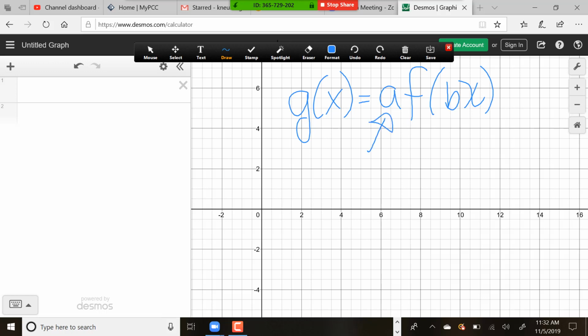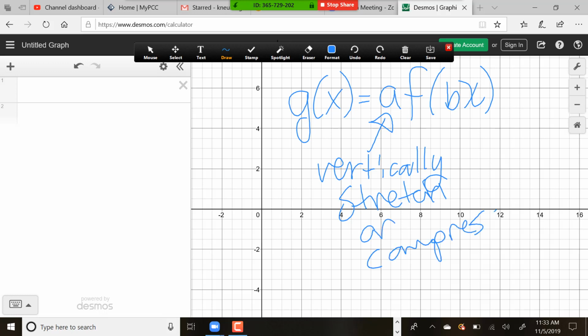This a right here is going to either vertically stretch or compress. If the a is a large number, it will stretch. If the a is a small number, it will compress.